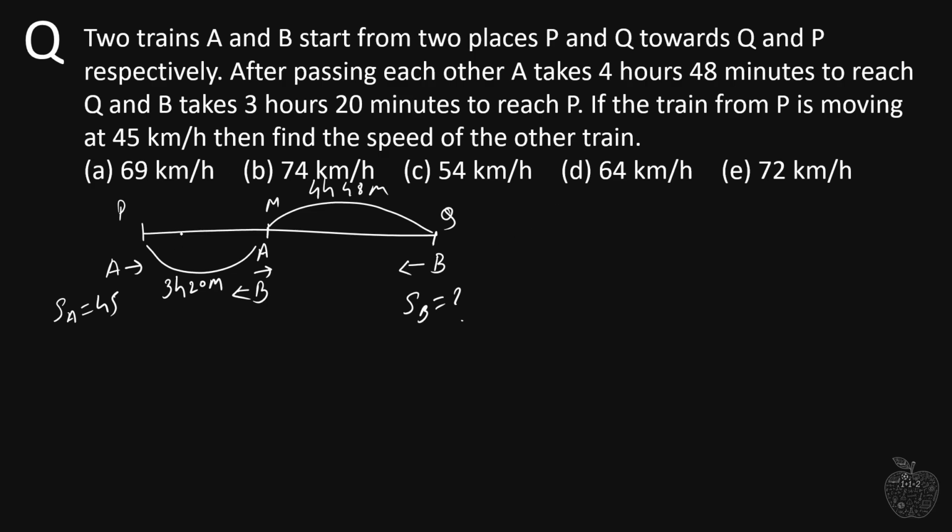Whenever there is a question which says that there are two places P and Q, there are two trains A and B, both the trains cross each other at, let's say, point M, and after crossing each other, the first train takes TA time to reach Q, and train B takes TB time to reach point P, we use this formula: speed of A divided by speed of B is equal to the square root of TB, the time taken by train B to reach point P from M, divided by TA, the time taken by train A to reach Q from point M. This is the formula.